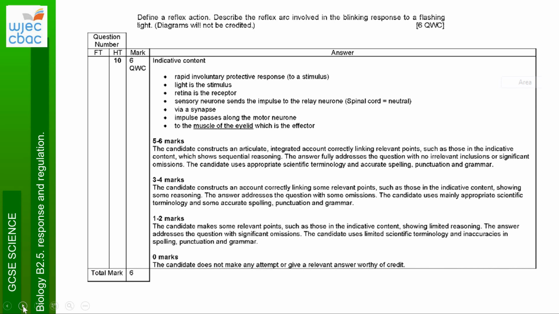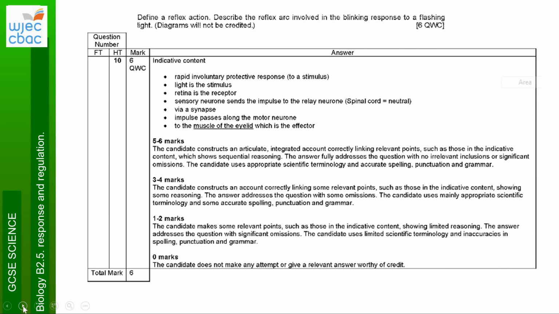So as we talked about last lesson, the first step of a reflex arc is the stimulus. So you need to say what the stimulus is. Okay, so in this example, light is the stimulus. Receptor cells in the back of the eye, so in the retina, would be the receptors.